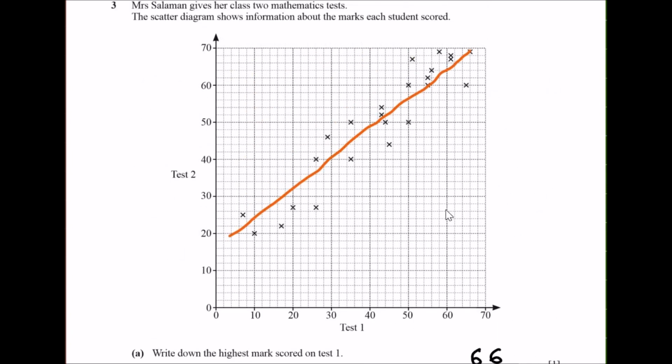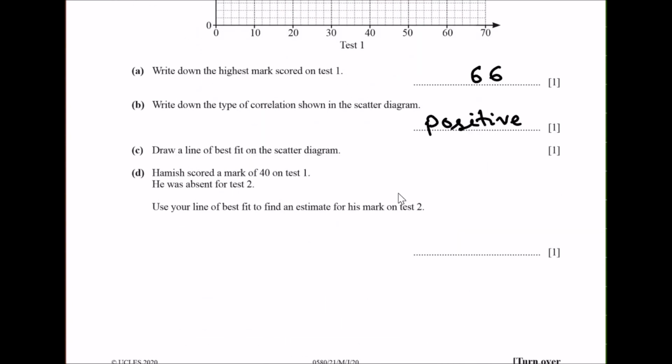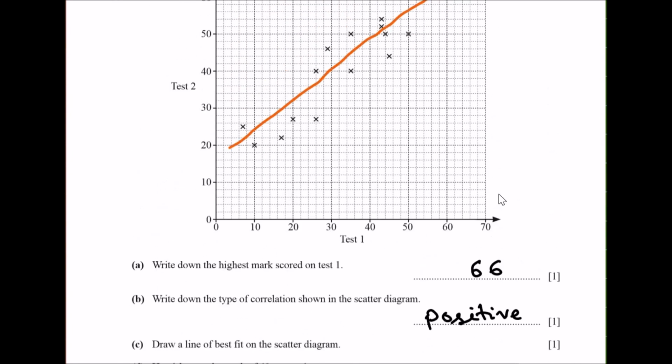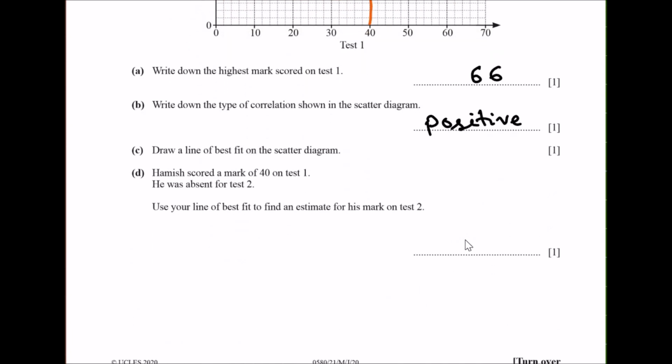So according to the line, for a mark of 40 on test 1, you go up from here and then we find the corresponding value, and that's coming 48. You can see here 48. So answer will be 48.